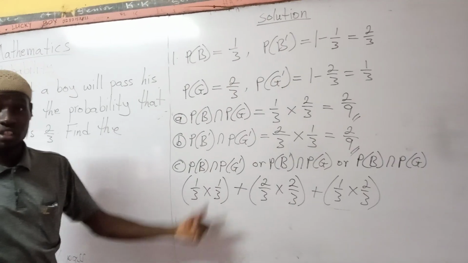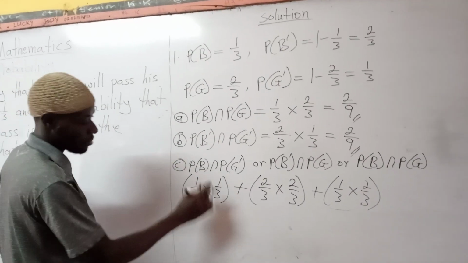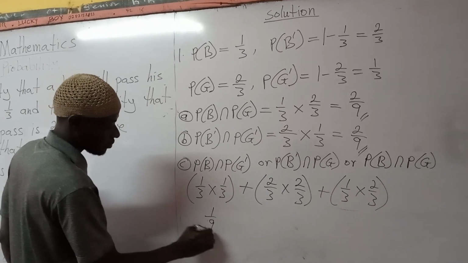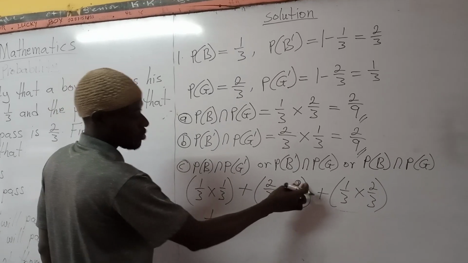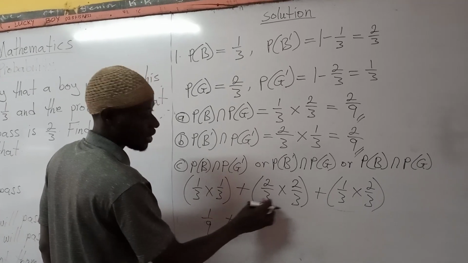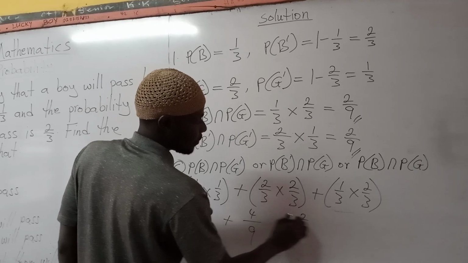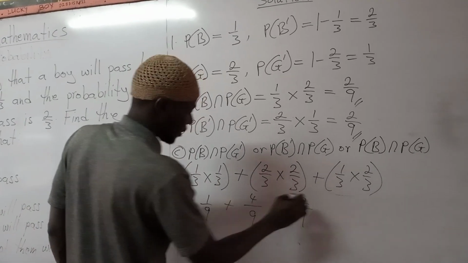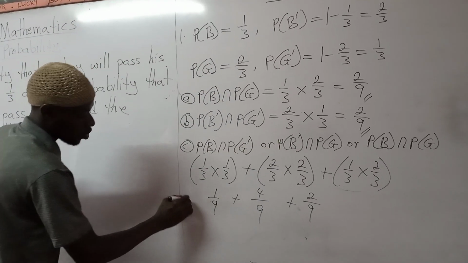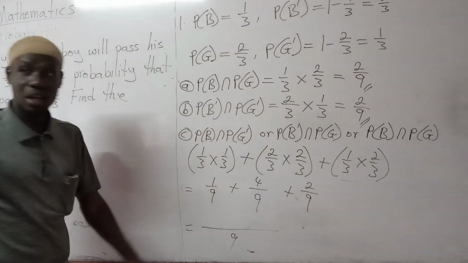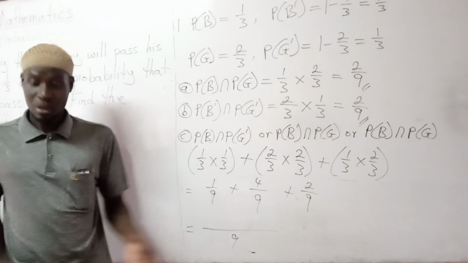And so having found it, then we simplify. So 1 times 1, we have 1 divided by 3 times 3, 9. Plus 2 times 2, 4 divided by 3 times 3, 9. Plus 1 times 2, 2 divided by 3 times 3, 9. So this will be our denominator, that is our LCM.